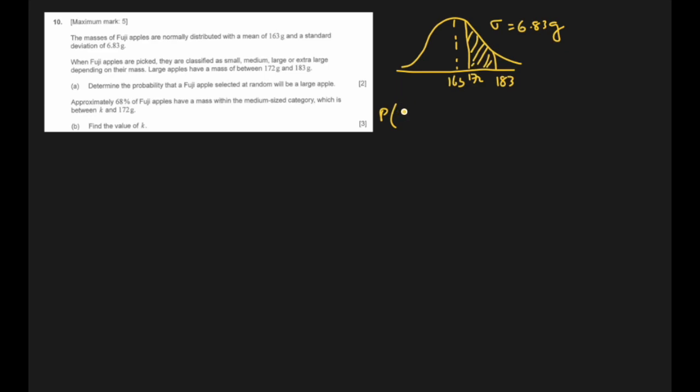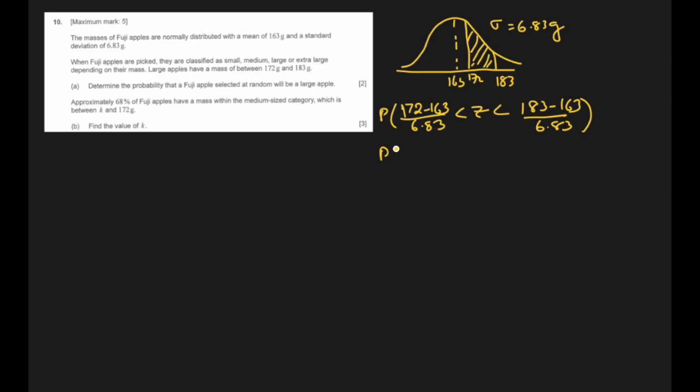So the p-value will be for the z-scores, which is 172 minus 163 divided by 6.83. This is how we find the z-score for 172, and the upper one will be 183 minus 163 over 6.83. Okay, and that probability we have to find.